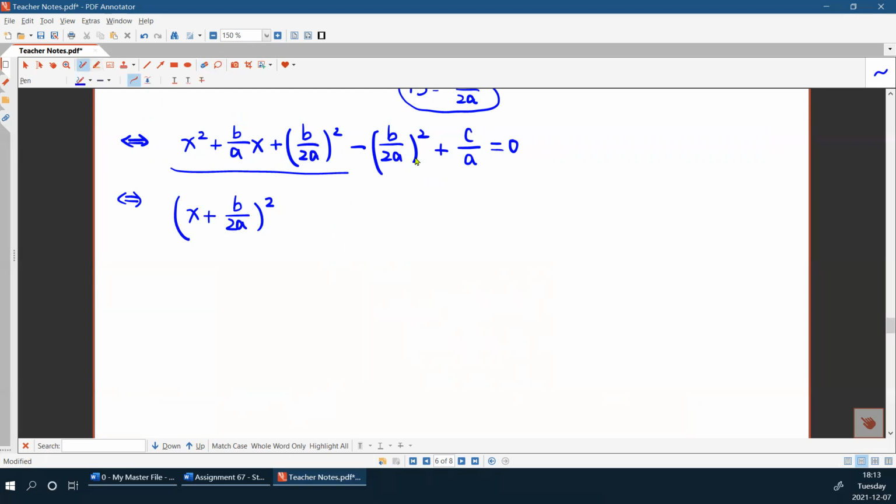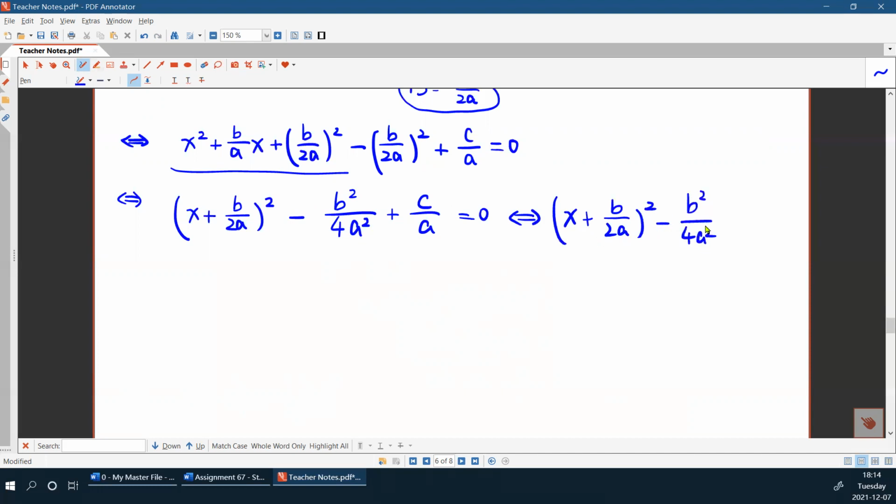And note here, a, b, c are all constants, so for the second part we only have constants. That is minus b squared over 4a squared plus c over a, which is 0. This is equivalent to x plus b over 2a squared, minus b squared over 4a squared, and rewrite the last term using the common denominator, which is 4a squared.